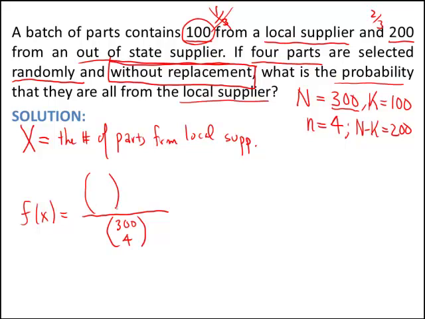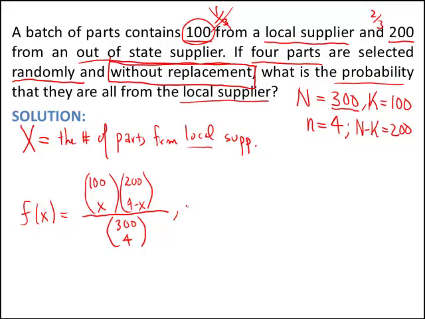And on top, I'm breaking into the 2 categories. 100 of them are from the local supplier, and 200 of them are out of state. Now we let X be the number of parts from the local supplier. So I want to know, of the 4 I choose, what's the probability of x of them coming from the local supplier? And if you choose 4 parts, then the other 4 minus x come from the out-of-state supplier.